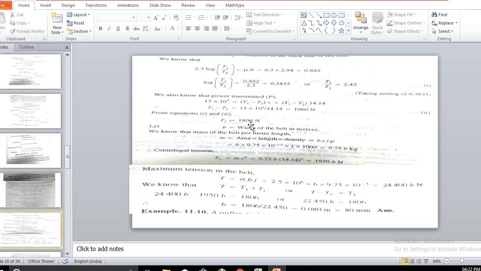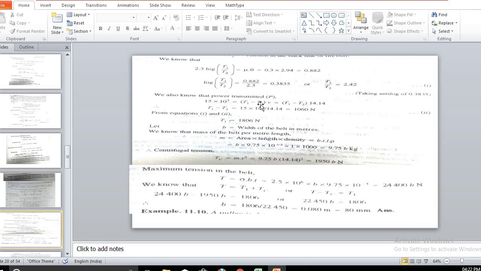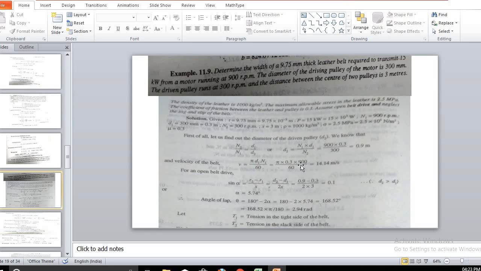For power transmission, 15 into 10 raised to 3 is equal to T1 minus T2 into V, that is also given. So the T1 minus T2 relation we can get as 1016 Newton. Simplifying these two equations, we will get T1 is equal to this much. Now the mass value you can find out. Tc is considered as mass times v square, V we already calculated here.